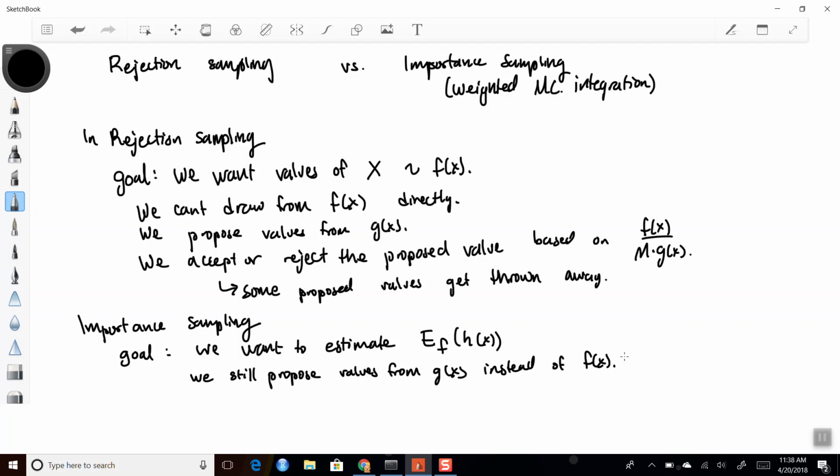But instead of just throwing away these values, we weigh their importance to be less. We use every value, but we weigh their importance differently.